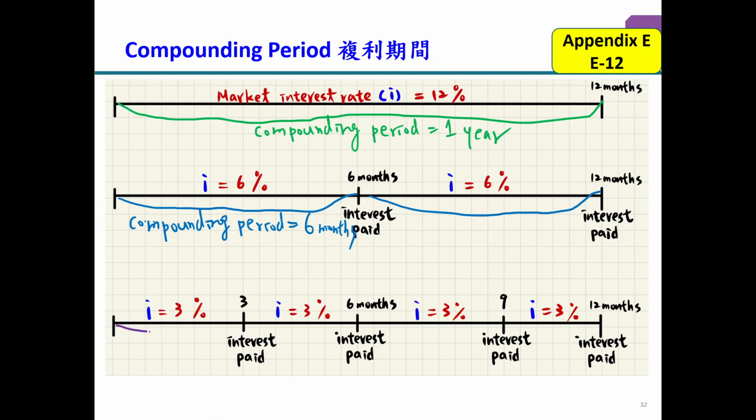How often does the interest occur? Every 3 months. So what's your compounding period? 3 months. Okay, so compounding periods could be 1 year, could be 6 months, could be 3 months. It depends on how often your interest is incurred, okay?